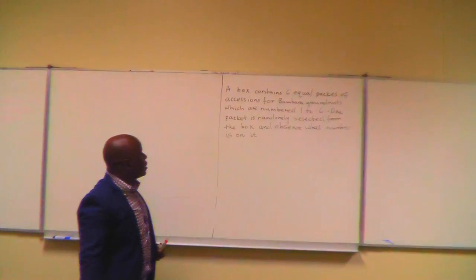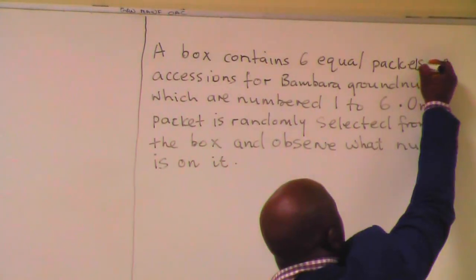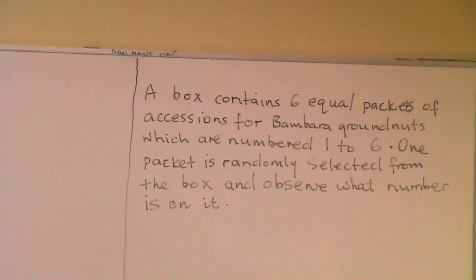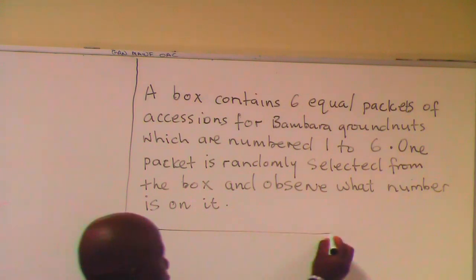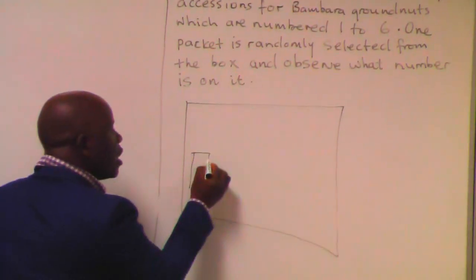A box contains 6 equal packets of accessions for Bambara groundnuts, which are numbered 1 to 6. One packet is randomly selected from the box. I want you to picture what is happening. We have a large box. In this large box, we have small equal packets.